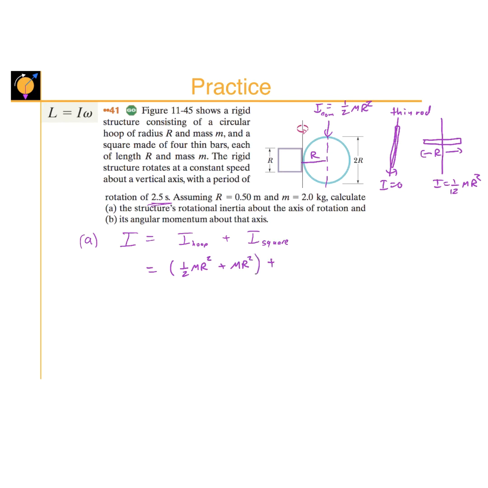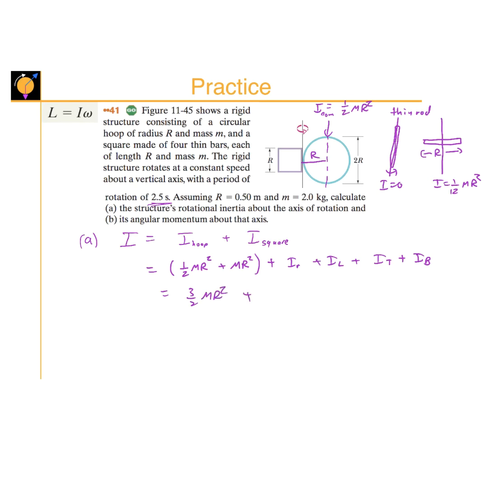Now for the square. So there's 4 sides to the square, right? The moment of inertia for the right side, plus the moment of inertia for the left side, plus the moment of inertia for the top side, plus the moment of inertia for the bottom side. Here we have 3/2 mr squared from that first thing.